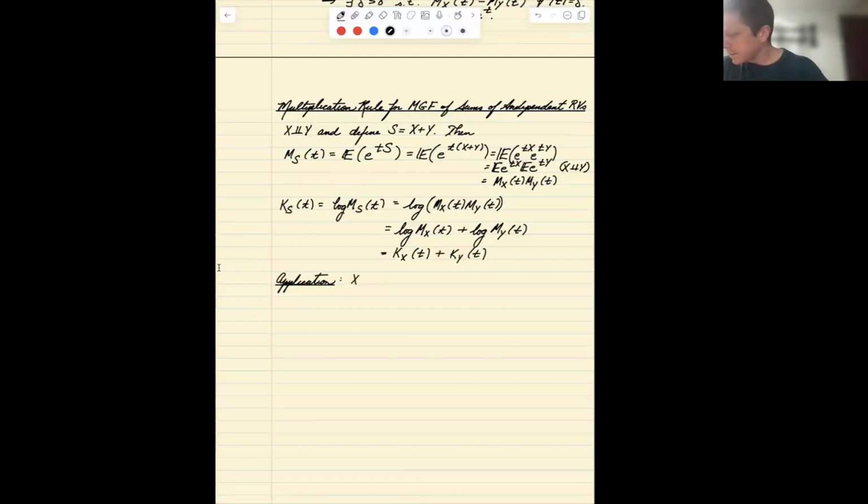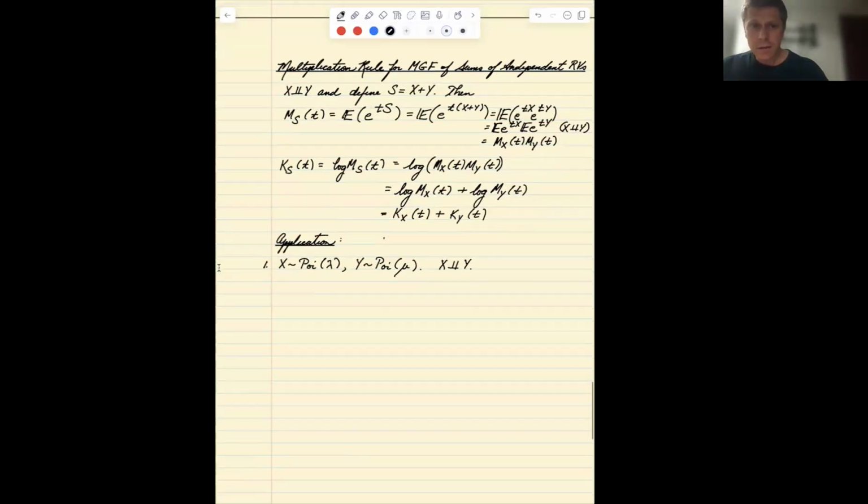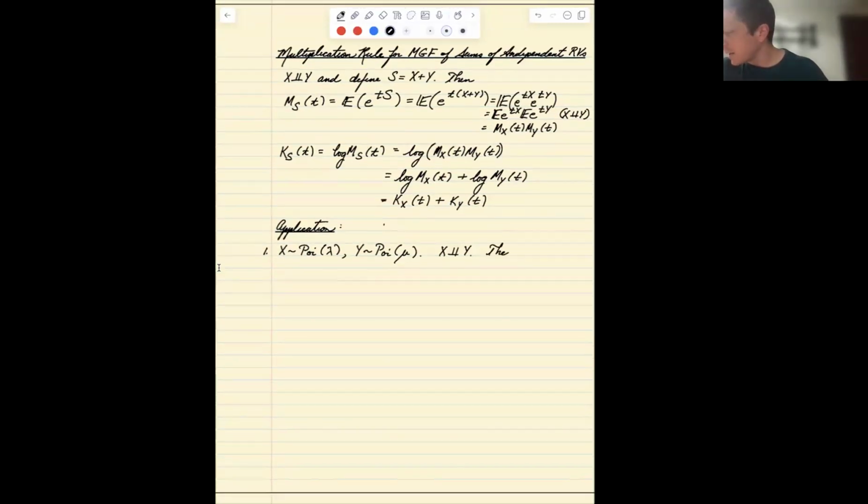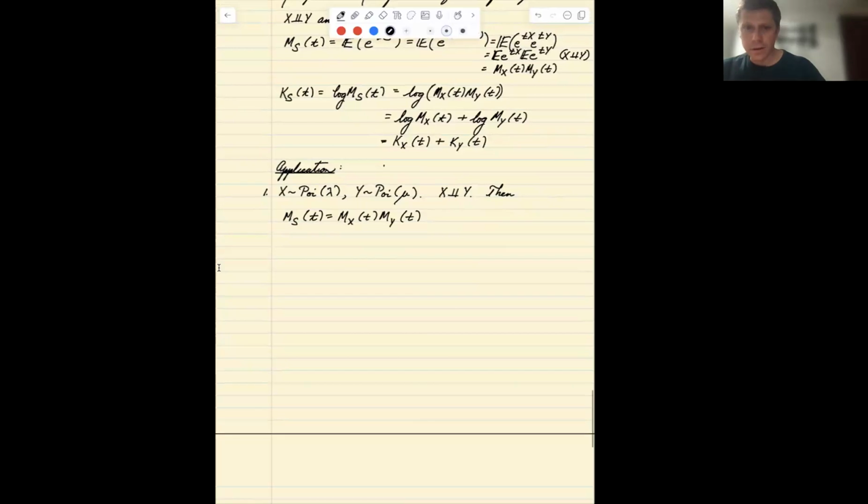Let's do example number 1. Let's let X be Poisson with parameter lambda, Y Poisson with parameter mu, and let's assume that X is independent of Y, right? Well, then by what we just said above, the moment generating function of S is the product of the individual moment generating functions.